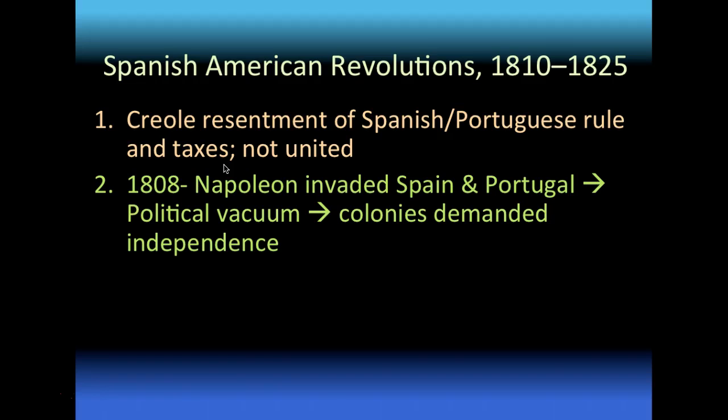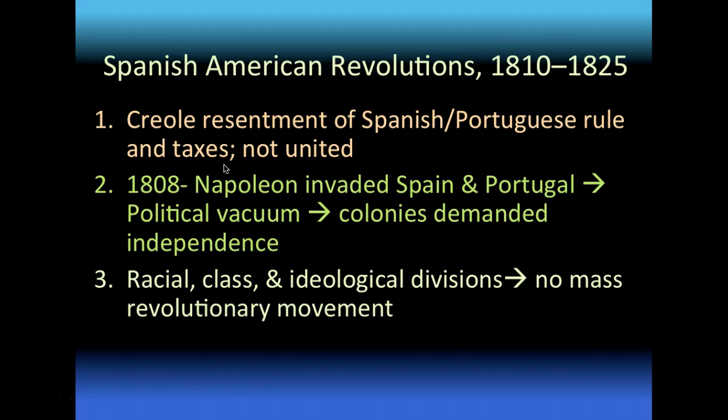They wanted independence. However, unfortunately, in some ways, for Latin America, there were a lot of racial, class, and ideological divisions, meaning there were different groups of races. There were people who had descended from Africa, there were indigenous Native Americans, and there were people from Spain and Portugal, mestizos as well, mixed race people. And all of these different races also had or belonged to different classes.